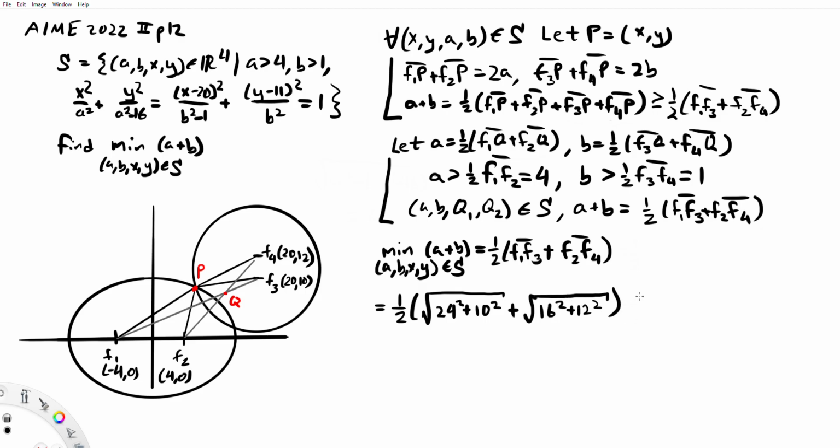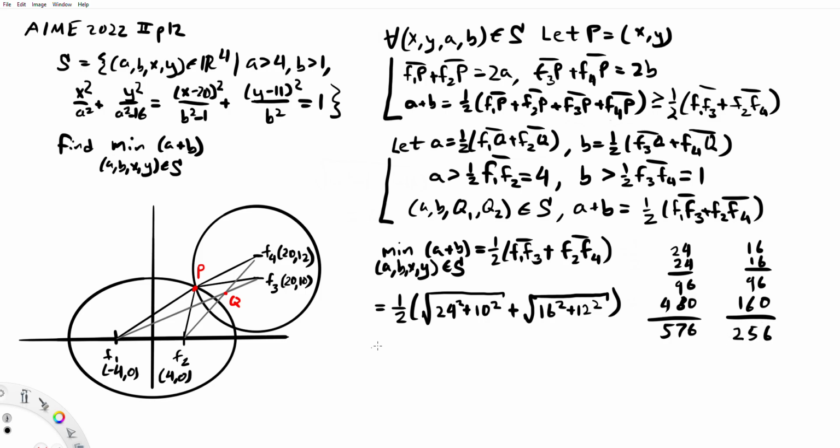And let's just figure out what is 24 squared here real quick. We get 576. And let's figure out 16 squared. We get 256.